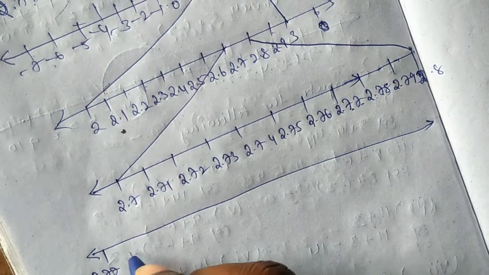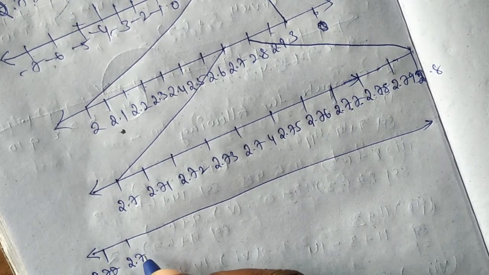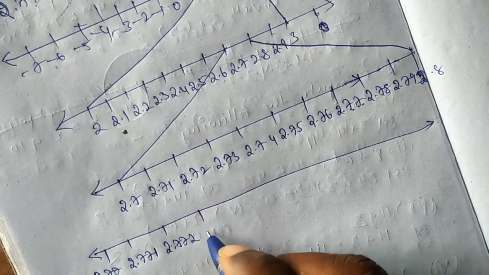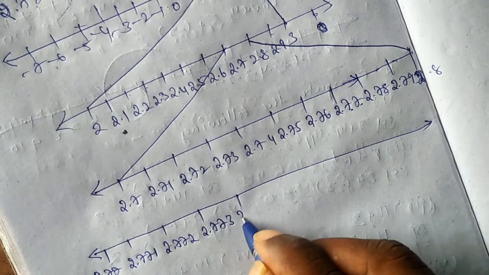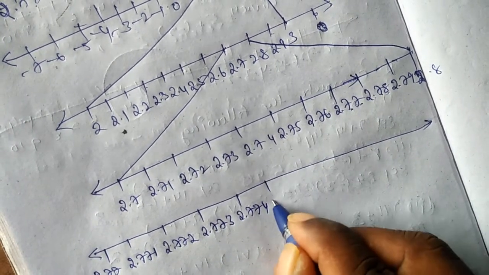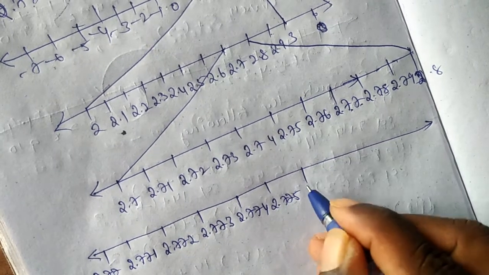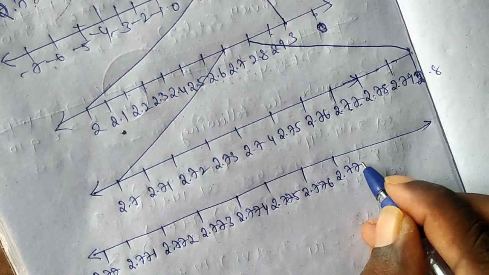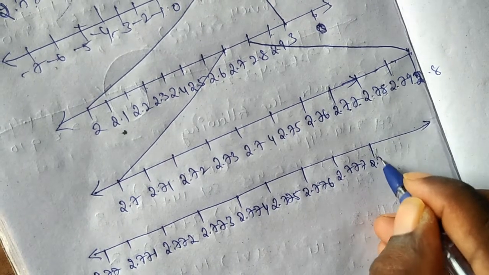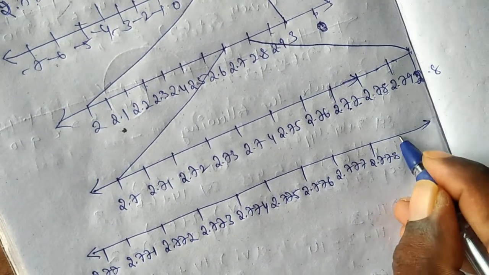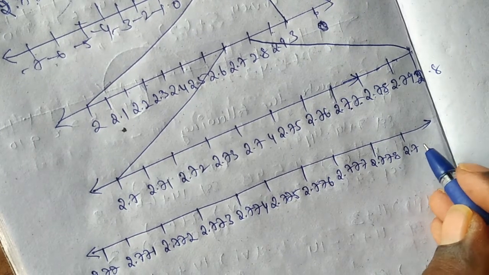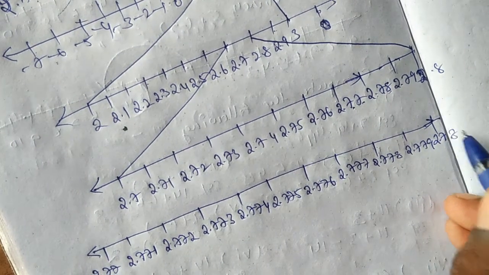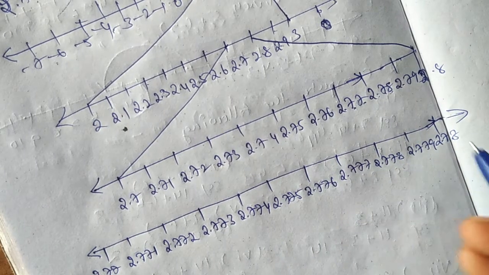So 2.77, then 2.771, 2.772, 2.773, 2.774, 2.775, 2.776, 2.777, 2.778, 2.779, and the last one is 2.78.